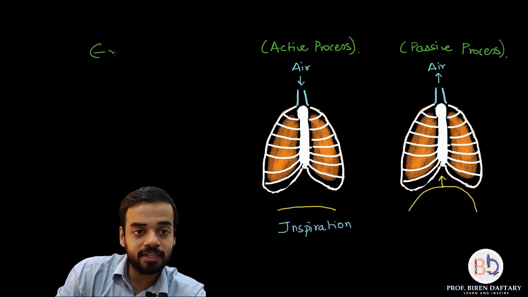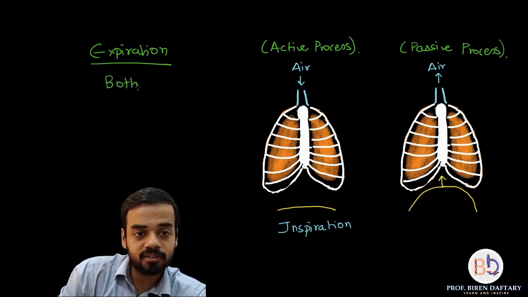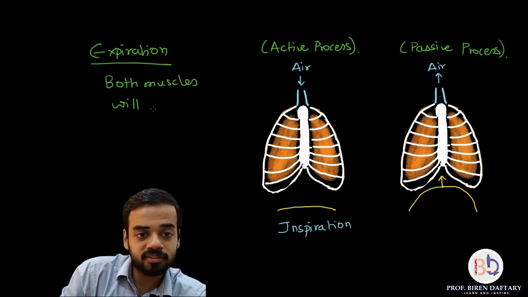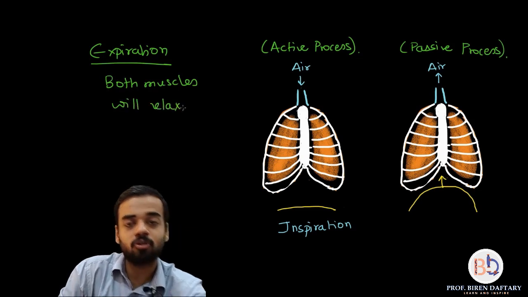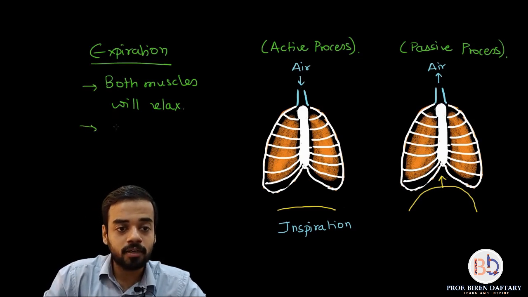So let me write down expiration over here. Again the same rule. Both muscles will relax. Both muscles, by that I mean the diaphragm and all the intercostal muscles, will relax. So what is going to happen?